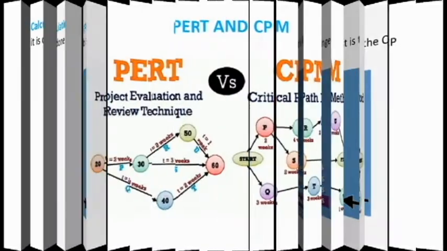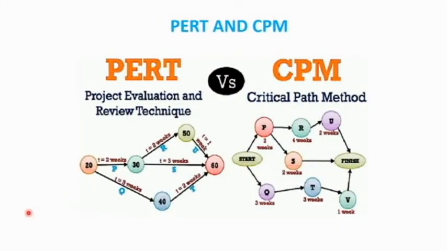Dear students, when you look at the PERT chart and this critical path method, their diagrams are almost equal, but they have a difference. Remember, the PERT chart is mostly used when the time durations are uncertain, and most of the time we use the PERT in situations where the project is not complicated.